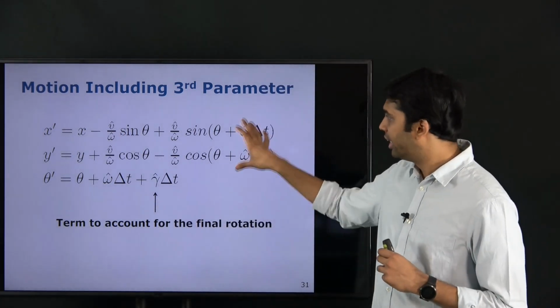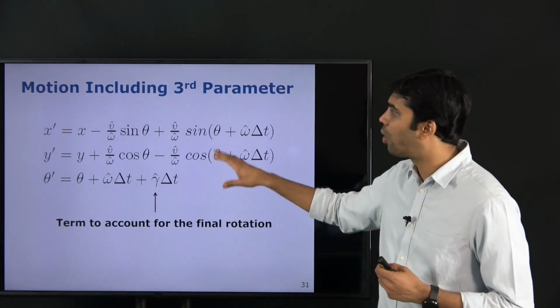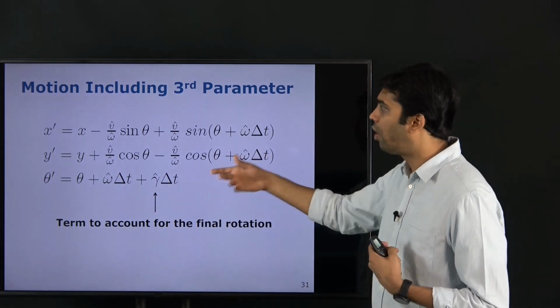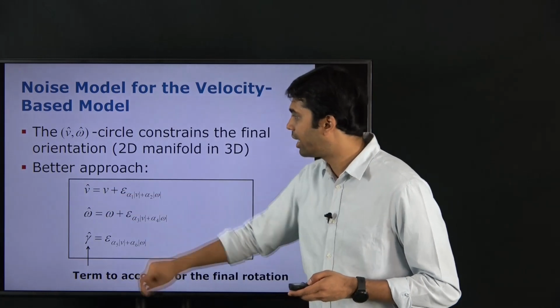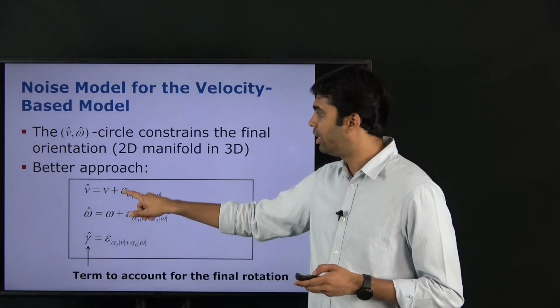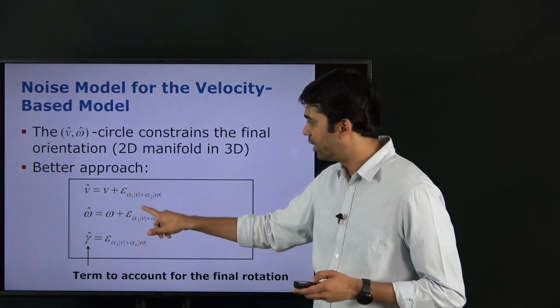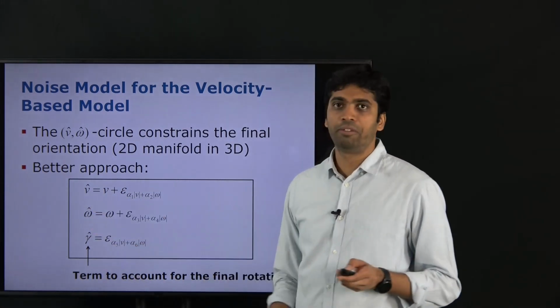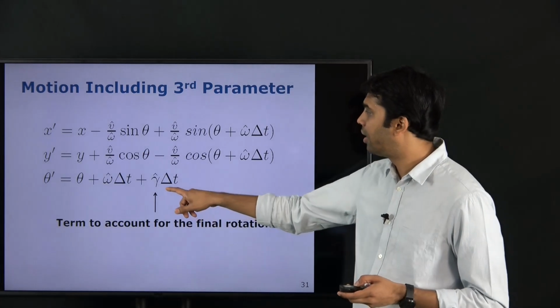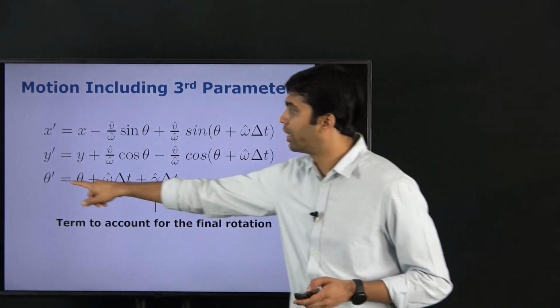These equations also include the noise, as we model the noise in the linear velocity using this v hat, this other parameter captures the noise in the angular velocity, and this gamma term captures the error in the orientation.